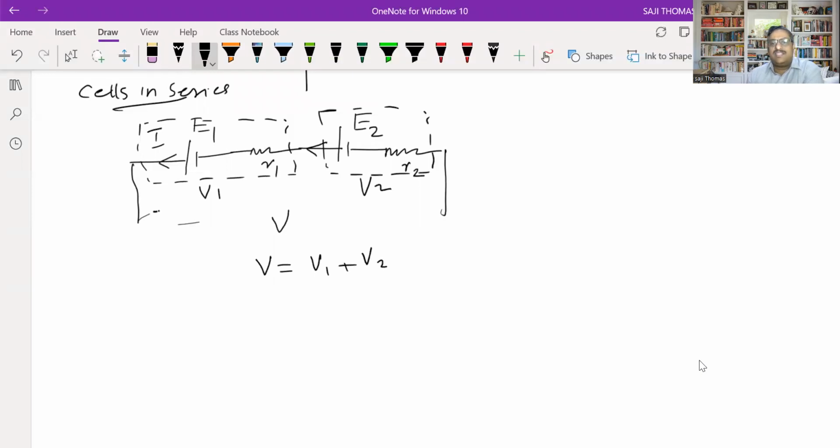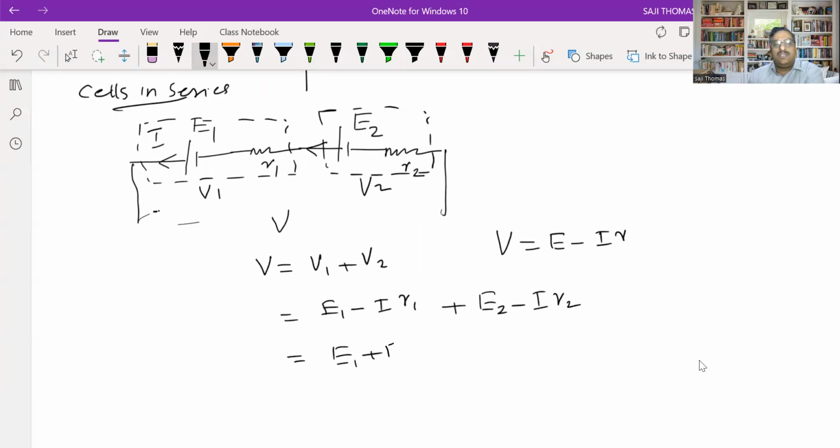Last class we learned the relation between V and E: V equals E minus IR. So we can put that in this equation. V1 is E1 minus IR1, plus V2 is E2 minus IR2. We can rearrange this as E1 plus E2, grouped together, minus I into R1 plus R2.